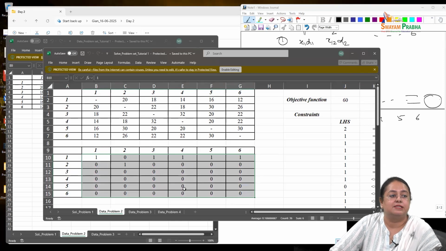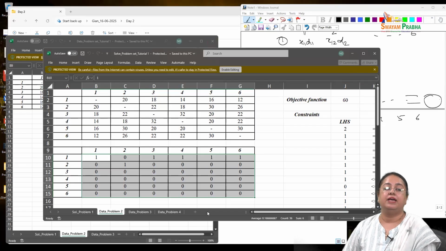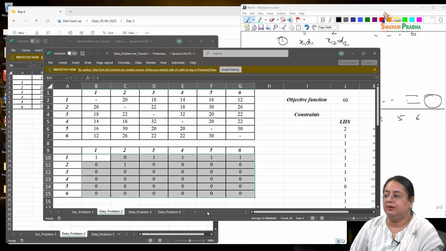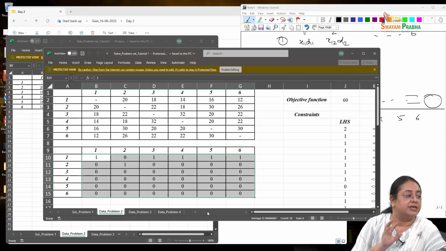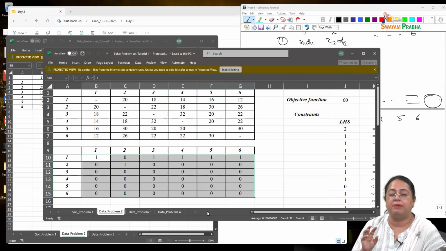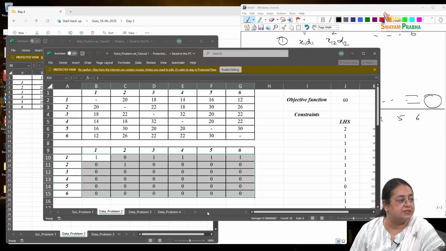Now you know what this matrix is? This matrix is our decision variable matrix. When we have any optimization problem, we have an objective function which we want to maximize or minimize. We have some constraints, but whatever we want to determine is called the decision variables.